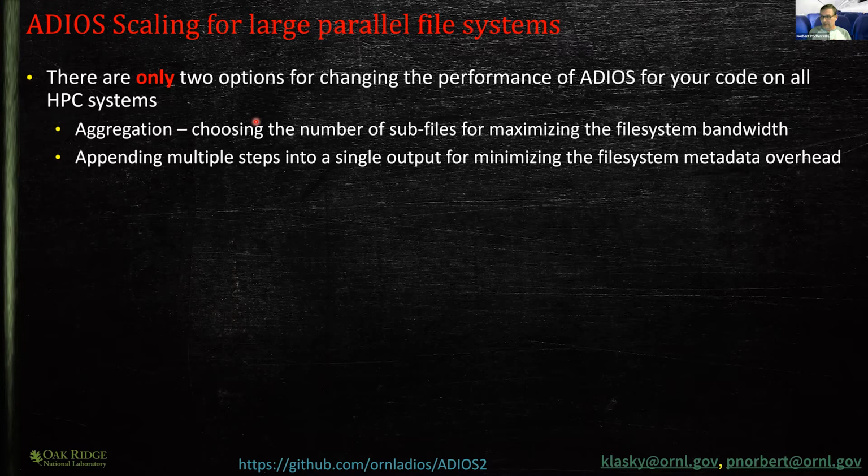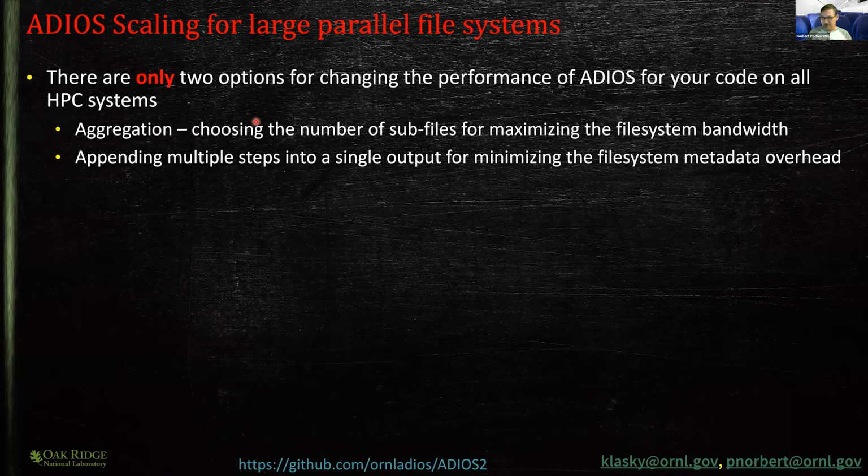And so we don't do that. We write into a bunch of files in a directory. Every BP output is a directory, and there will be multiple data files, and some processes are going to write into those files.